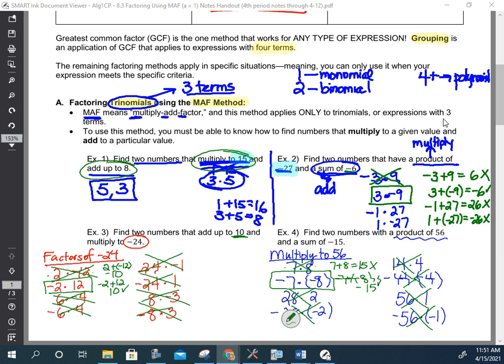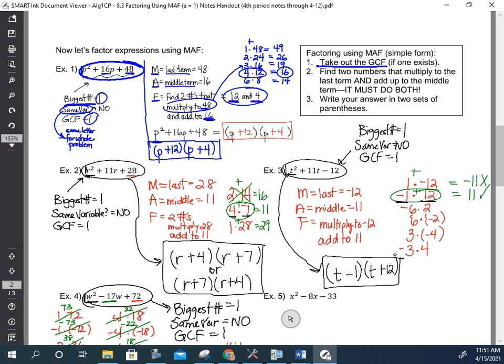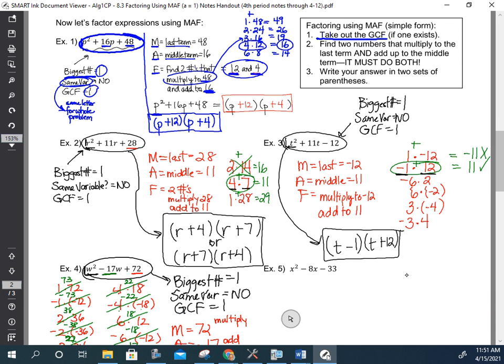It's just like playing the lottery, there's only one combination that works. That's what we did at the start off Monday. Then we actually started MAF.